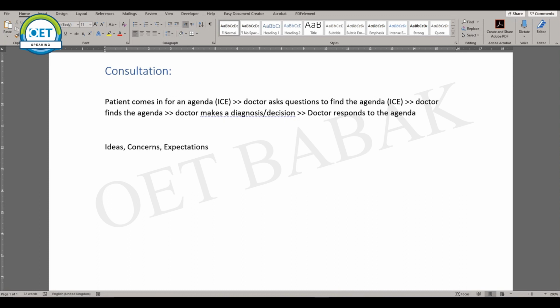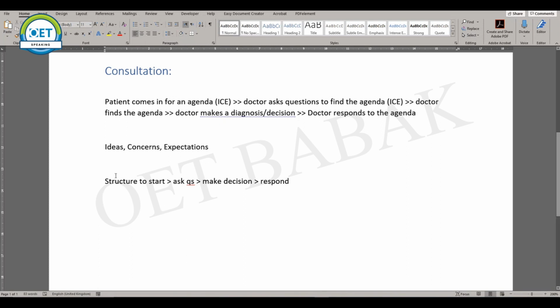So, in very easy terms, the structure of a consultation is to start, and then ask questions, and then make a decision, and then respond.